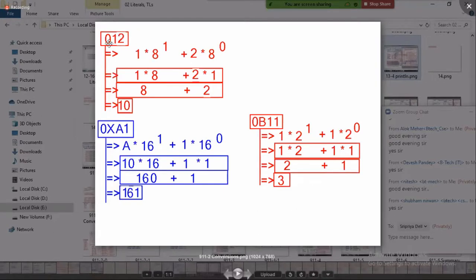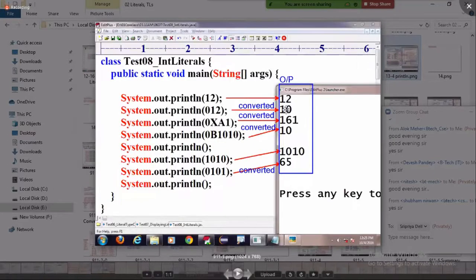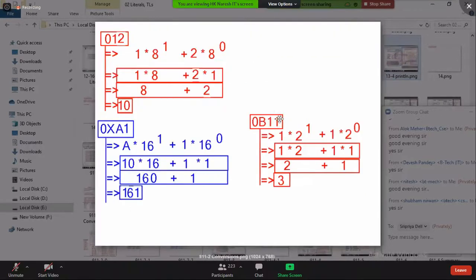So 2 into 8 power 0, 1 into 8 power 1. That is 1 into 8, which is 8, plus 2 into 1, which is 2. 8 plus 2, the total value is 10. Understand how 10 is coming? You have to do these calculations in the exam. So from right to left, multiply by the base of the octal number.